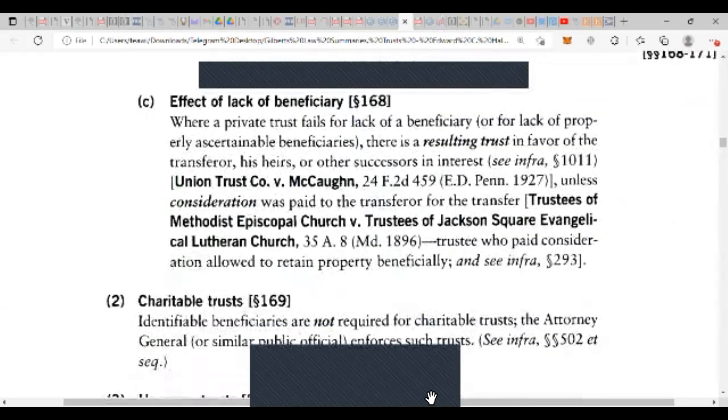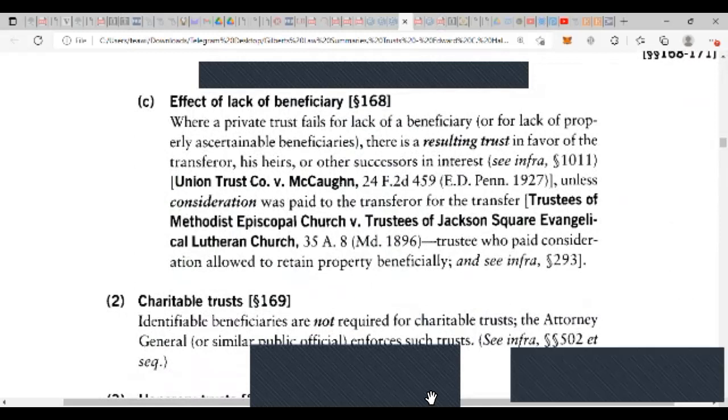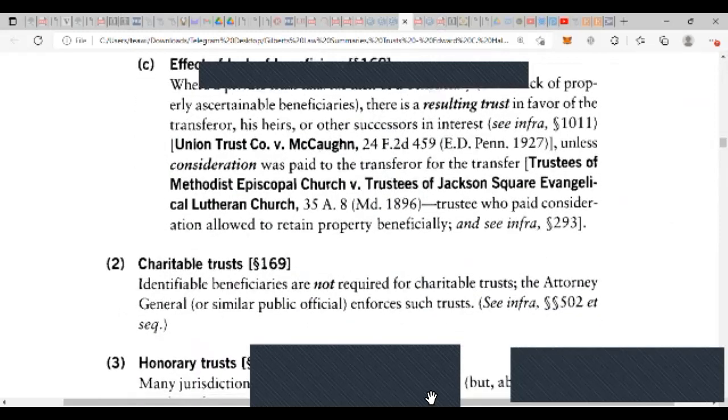C, effective lack of beneficiary, section 168. Where a private trust fails for lack of a beneficiary or for lack of properly ascertainable beneficiaries, there is a resulting trust in favor of the transferor, his heirs, or other successors in interest.